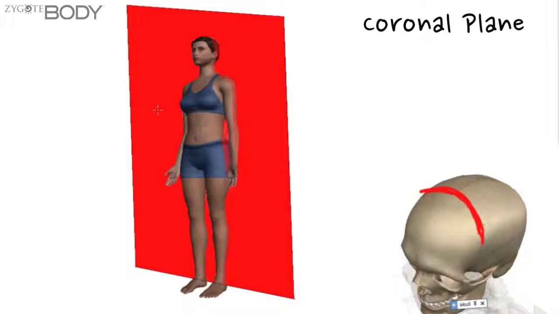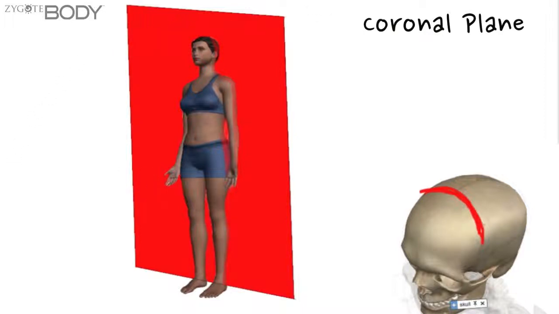This plane runs from side to side, and it divides the body or any of its parts into anterior and posterior portions. This can also be called the frontal plane.